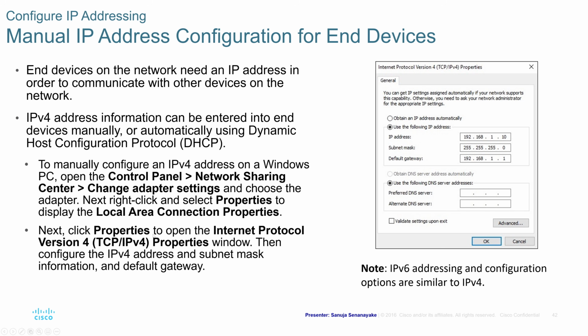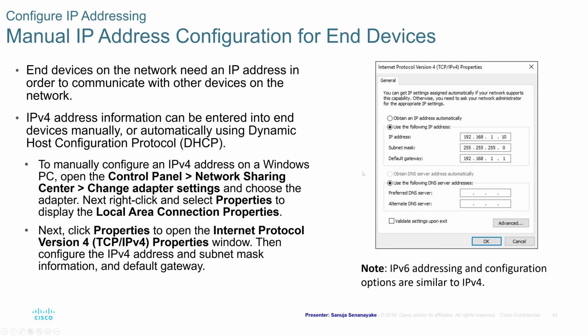Then you click on Properties, open the Internet Protocol, and in there you can select what you need to do for IPv4. You can do the same thing for IPv6 as well, and that's how you do it on a Windows machine.